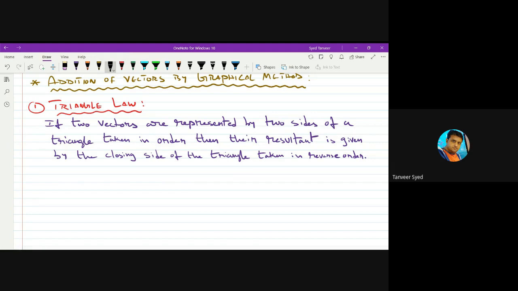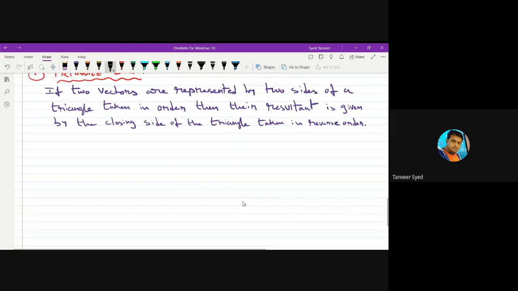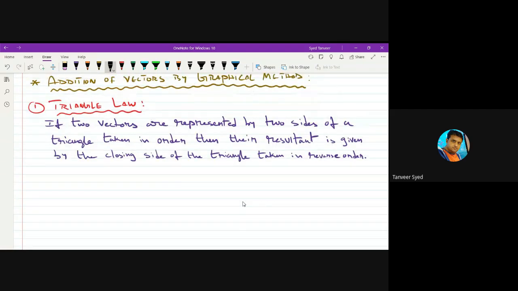Two vectors are represented by two sides of a triangle taken in order. I want to add two vectors. Now, vectors are not given in component form here, not in ijk form. Let us say this is some vector A, represented by an arrow. What is its magnitude? All these things later.